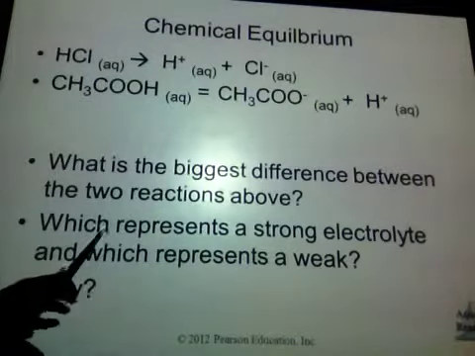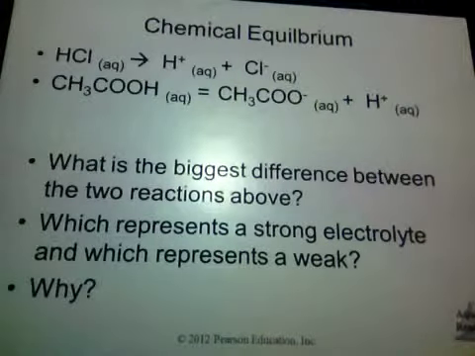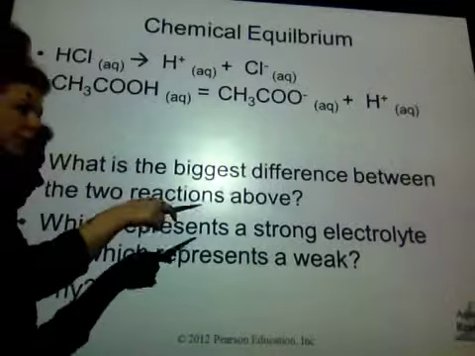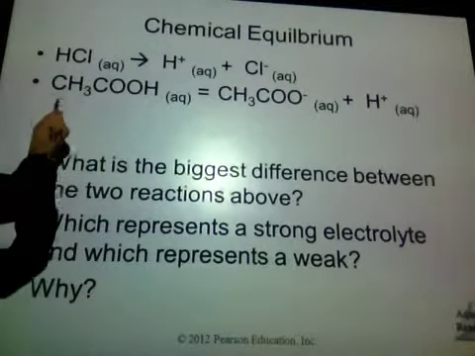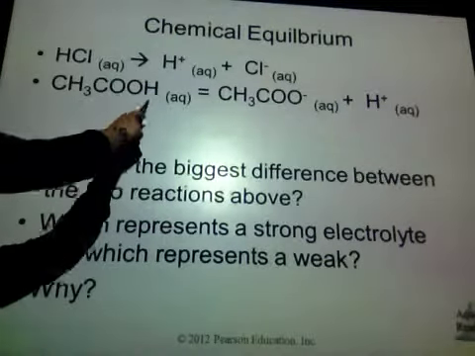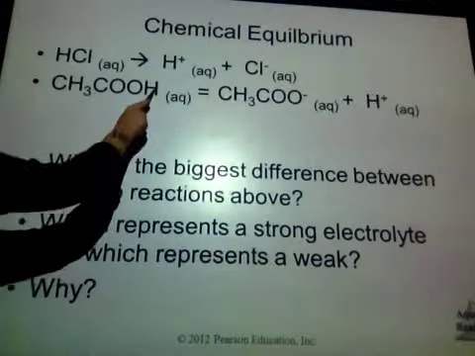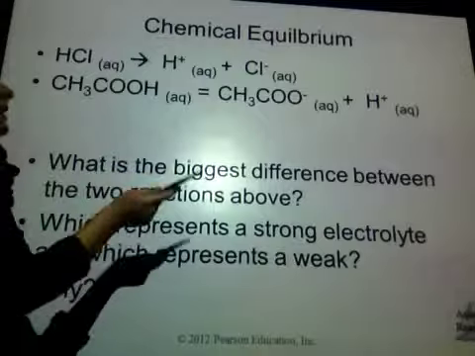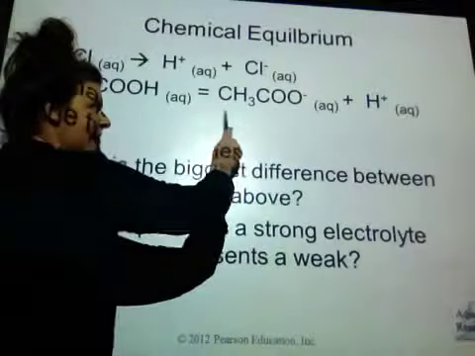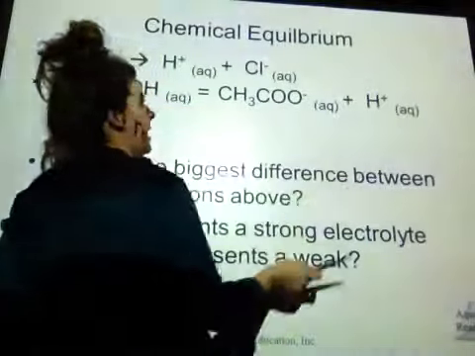So anytime you see that, automatically think, that's acetate. But I added this hydrogen to it, so I have acetate with a hydrogen added, which makes this acetic acid. So I have acetic acid here, and it's breaking down into acetate ions and hydrogen ions.